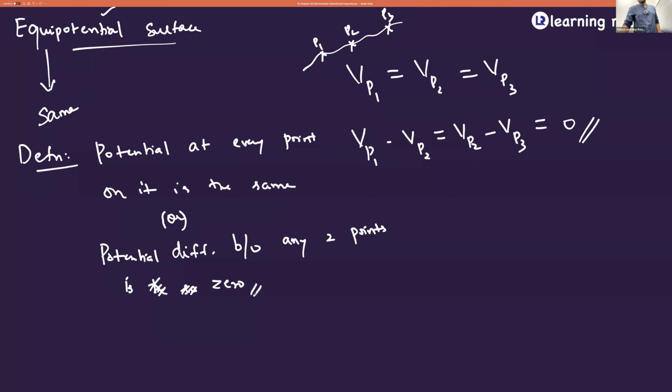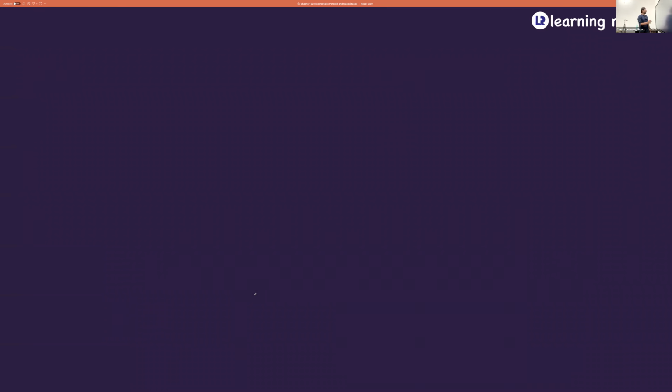If this is how the equipotential surface is defined, then we need to see the shape of equipotential surface for different sets of charges. Suppose you have an isolated charge. Unlike electric field, isolated positive or negative charge is going to have the same equipotential surface.